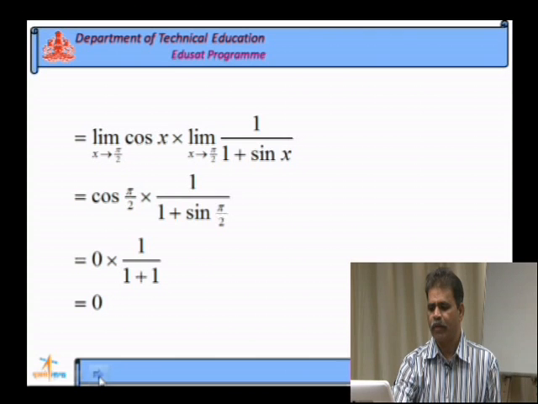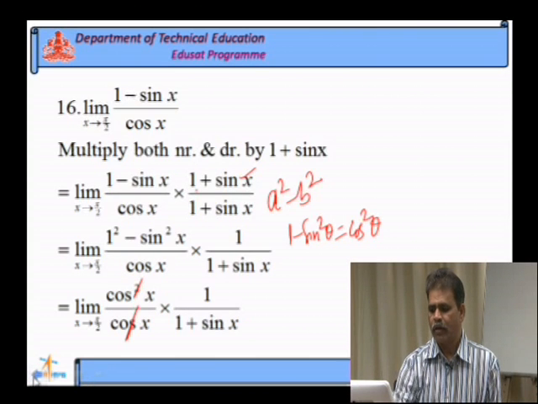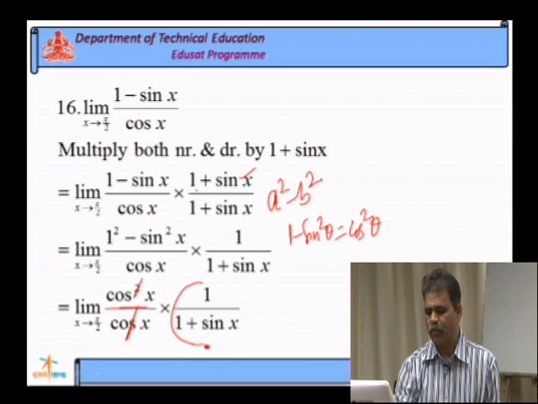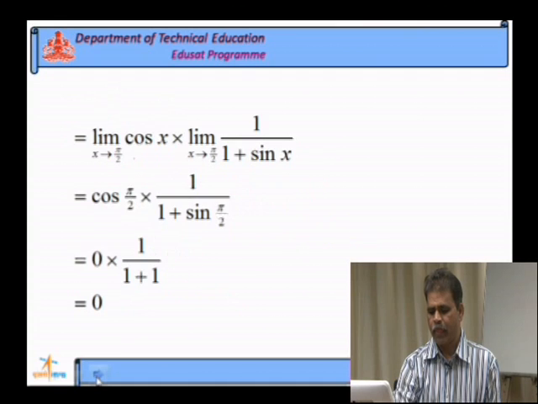The limit of cos, you see, remains cos, and 1 by 1 plus sin x. Now the limit is applied: cos pi by 2 times 1 by 1 plus sin x, where x is equal to pi by 2.